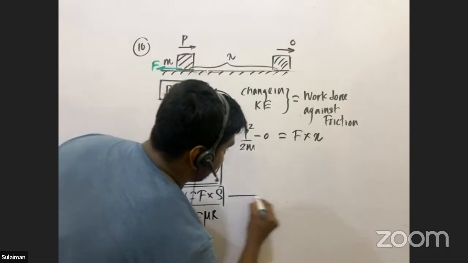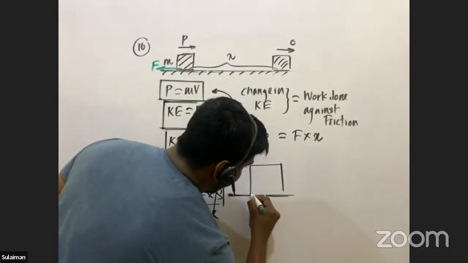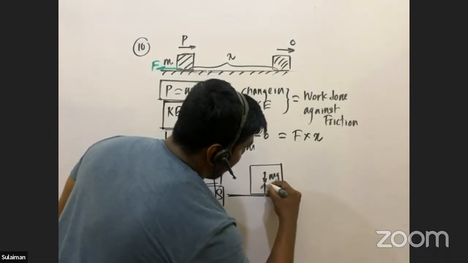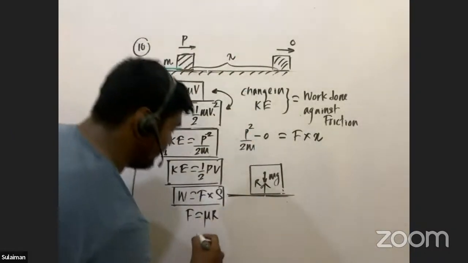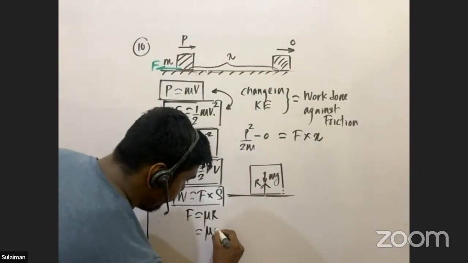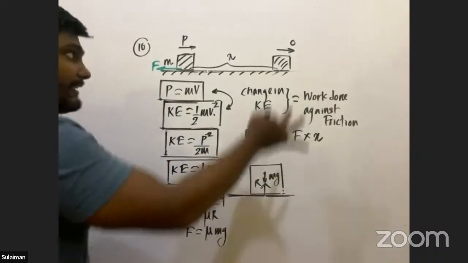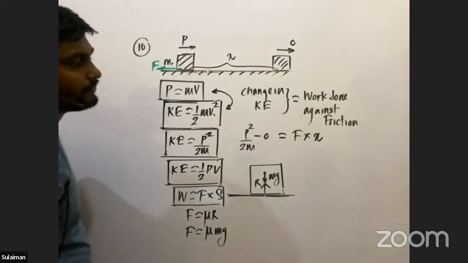If you consider this as your object and mark the vertical forces, weight is acting downward, and the normal reaction force is acting vertically upwards, so you can say capital R equals mg. Therefore mu R equals mu mg. The friction force acting on this object throughout the motion is mu mg.